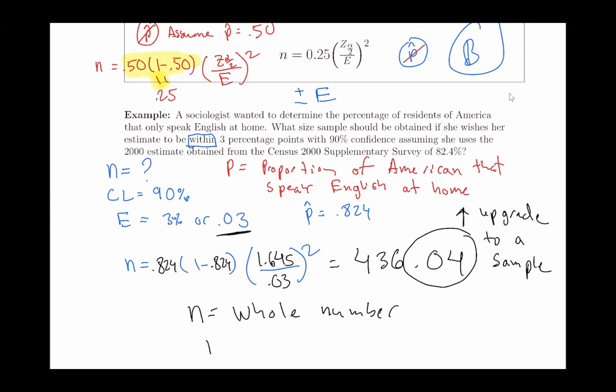So instead of saying 436.04, n is going to equal 437. You always upgrade it to the next highest one.